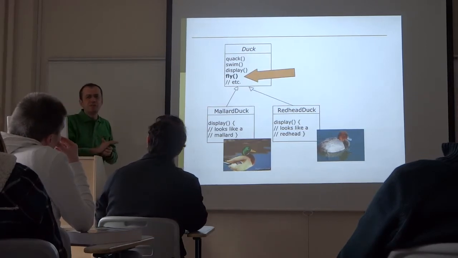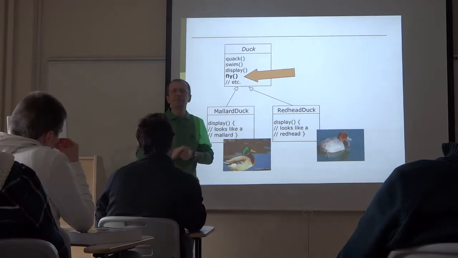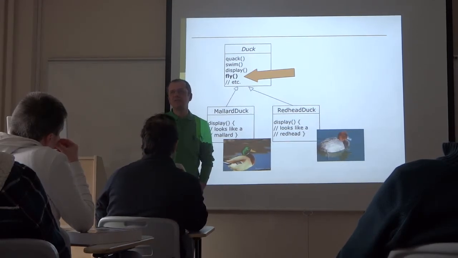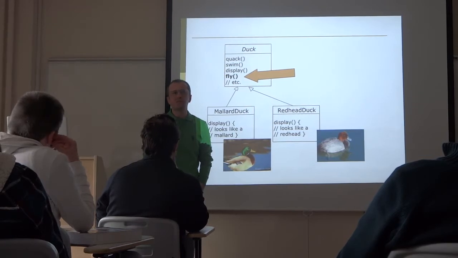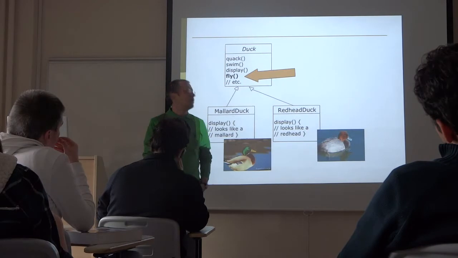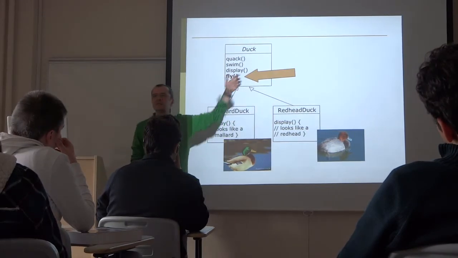So what happens when I want to add something? Say I decided that, oh, okay, ducks do fly, so I will add that feature in here, and I put it over here, so it's easy. This is a nice design.